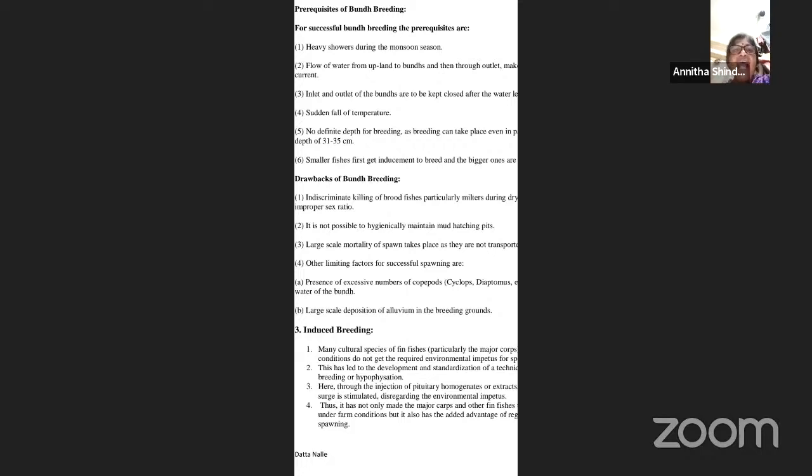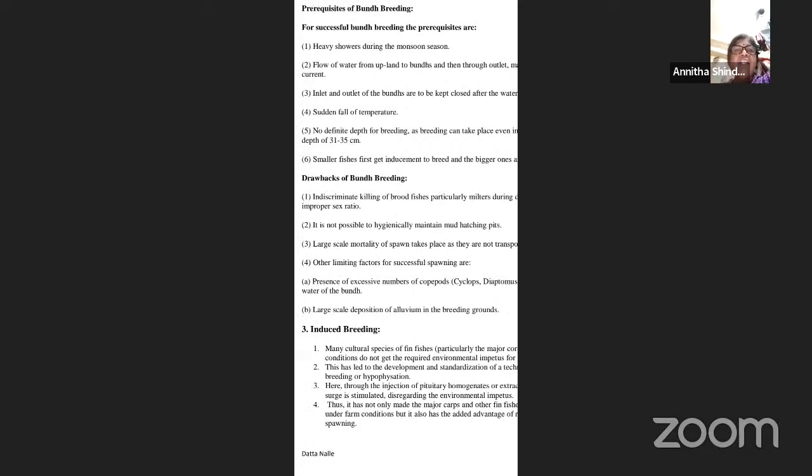Okay, then other limiting factors for successful spawning. These are the three drawbacks. What are the three drawbacks? One is indiscriminate killing of brood fishes. Then you cannot maintain hygienically the hatching pits.